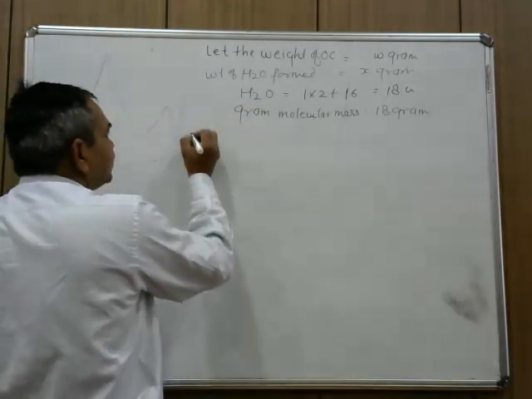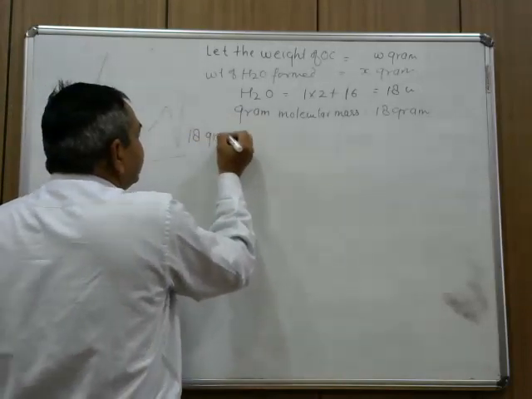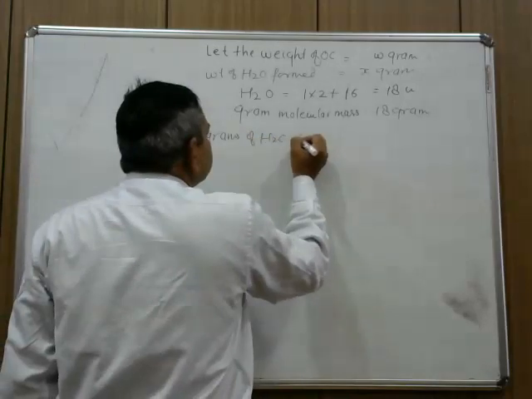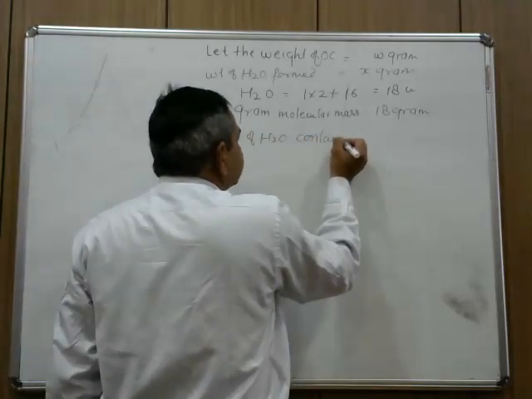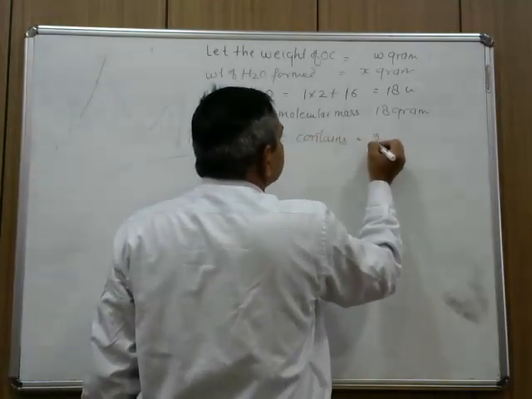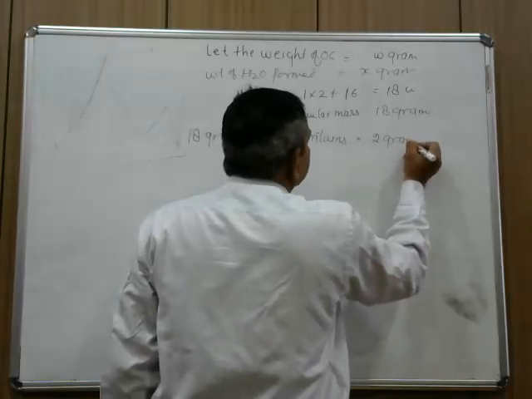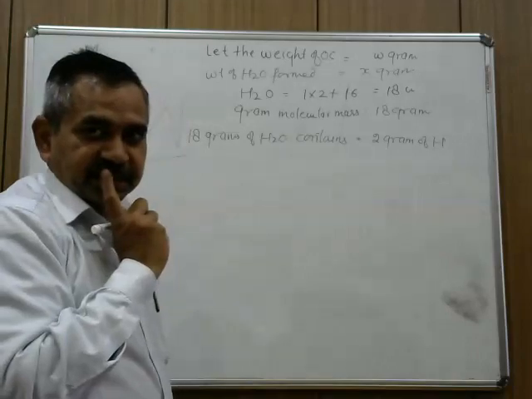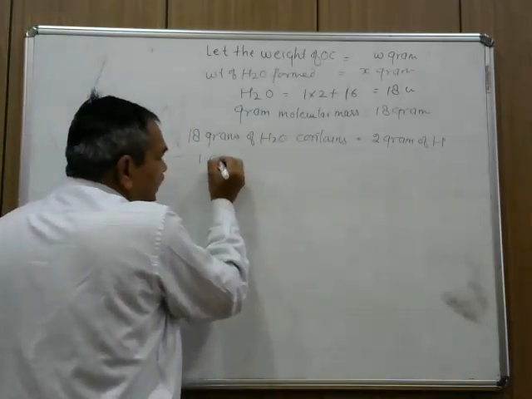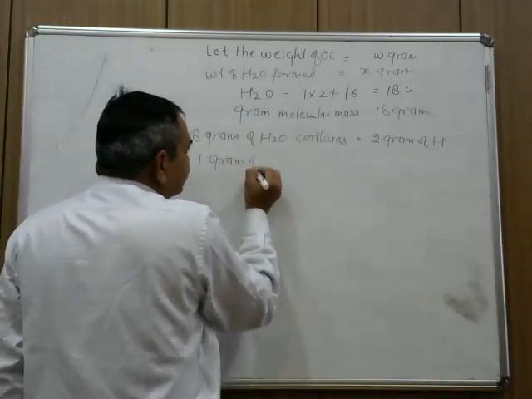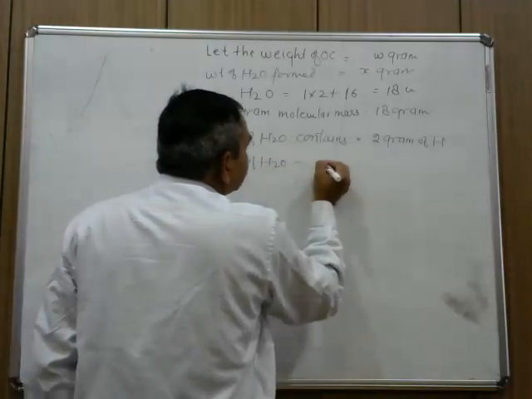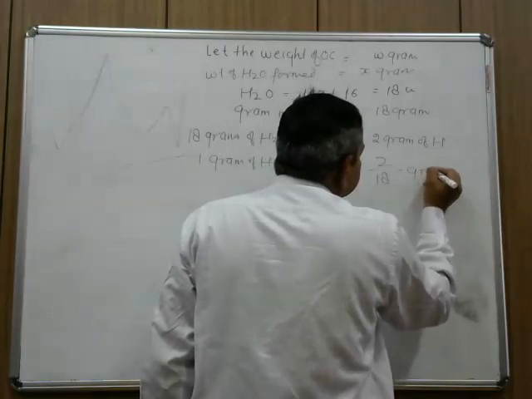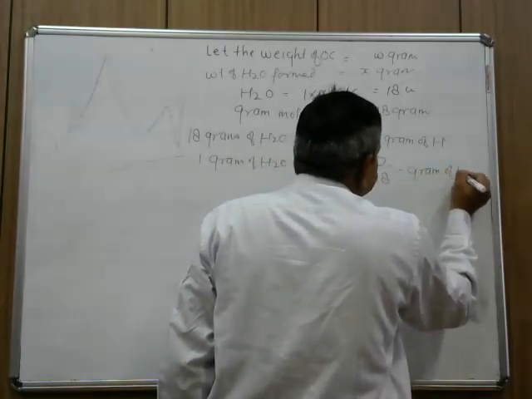So 18 grams of water contains 2 gram of hydrogen. So 1 gram of water will contain 2 by 18 grams of hydrogen.